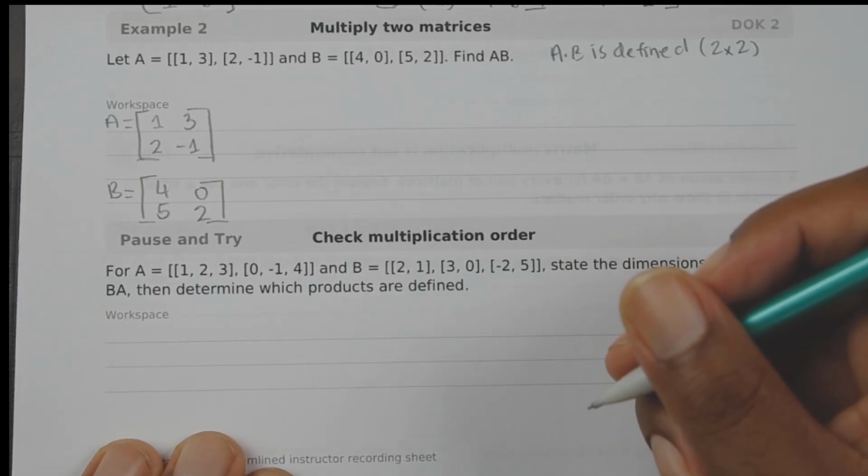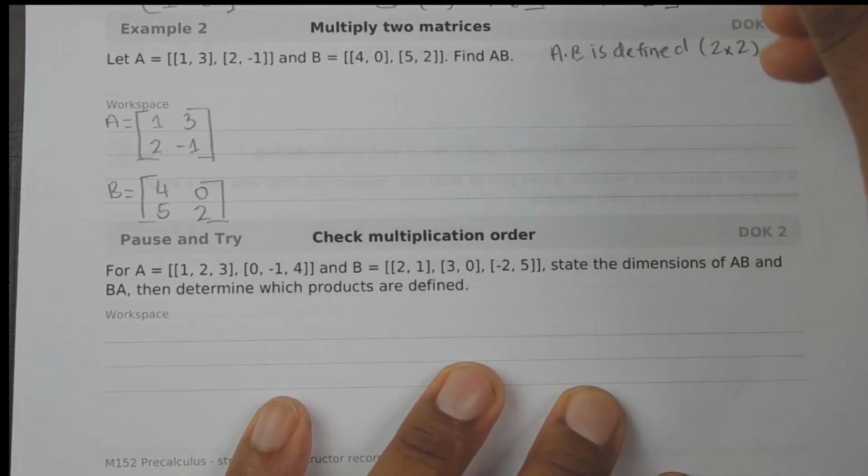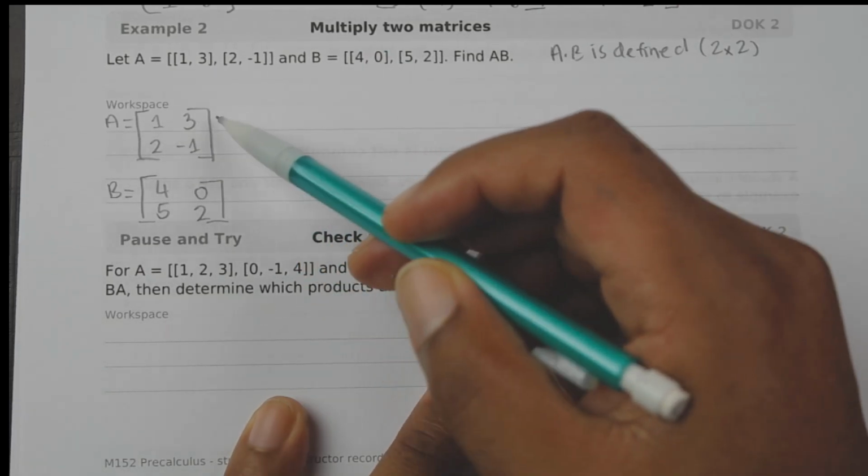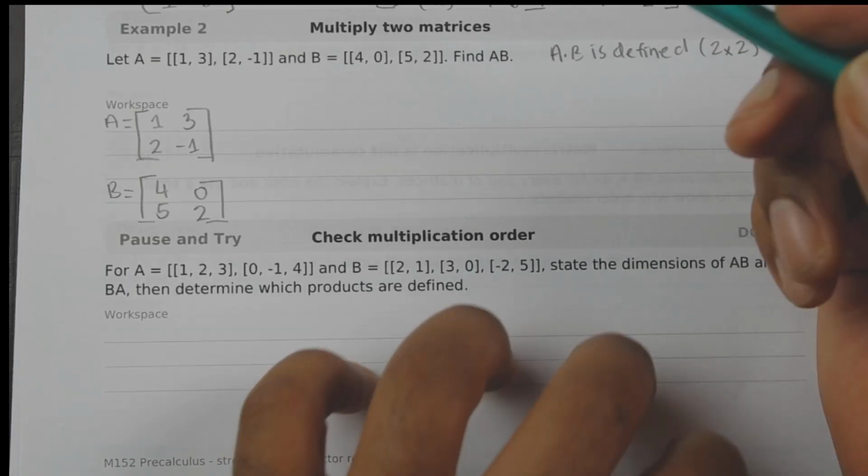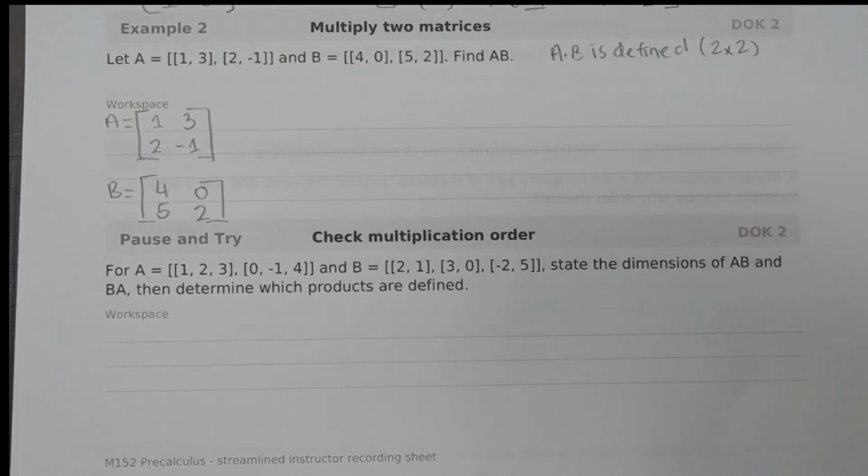A is 2 by 2, B is 2 by 2, therefore A times B is 2 by 2.